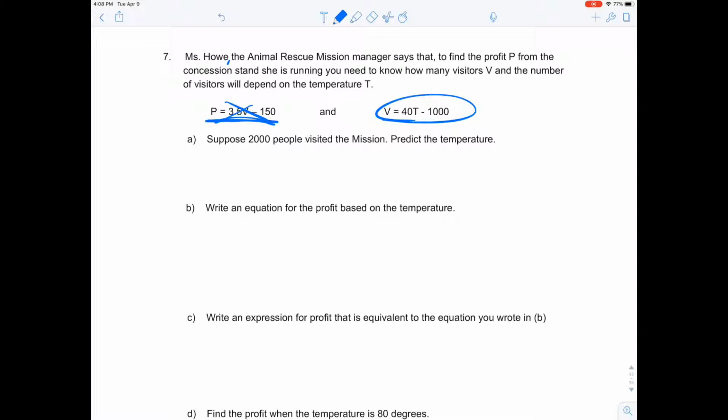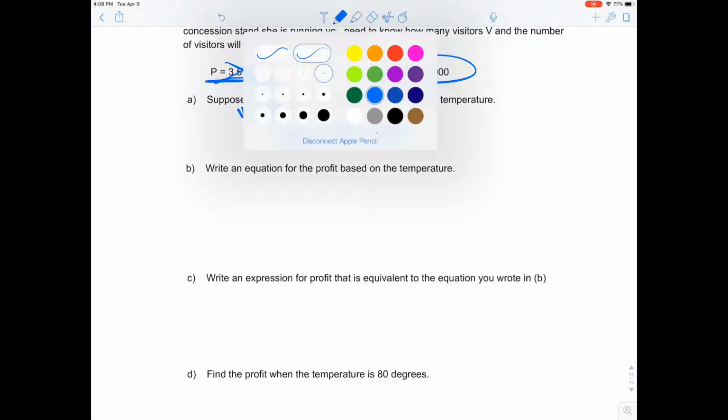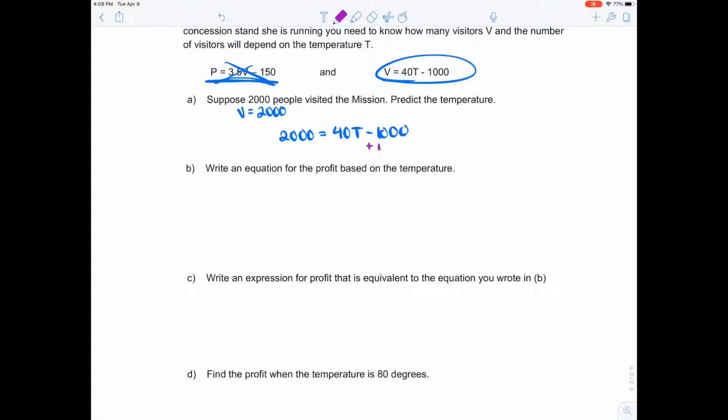Okay, so we know that 2,000 people, so visitors is equal to 2,000. So I'm just going to plug that into my equation. 2,000 equals 40 T minus 1000. Okay, and we're going to predict the temperature by solving for T. So I'm going to get T by itself. Add 1,000 to both sides.